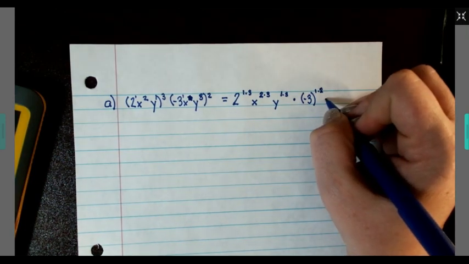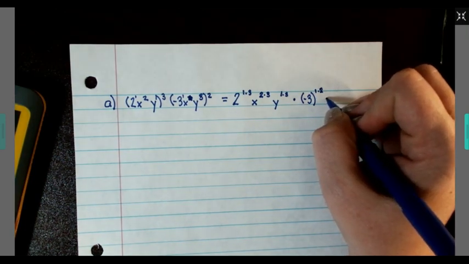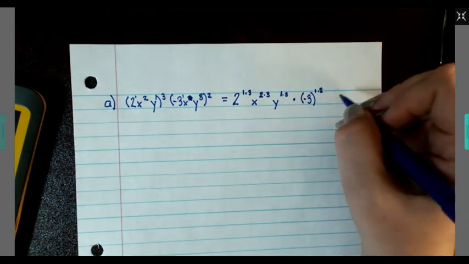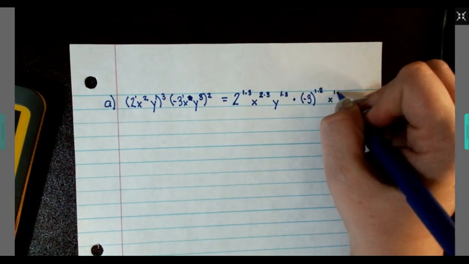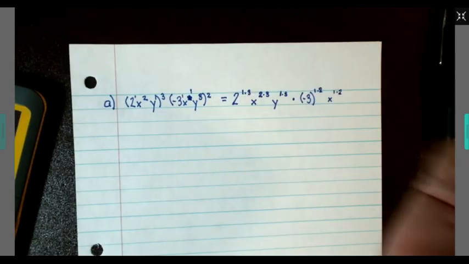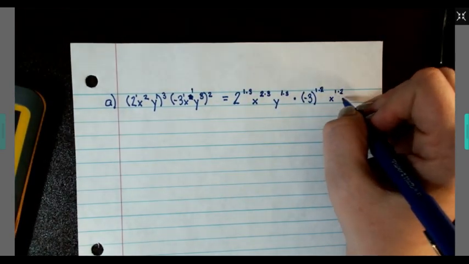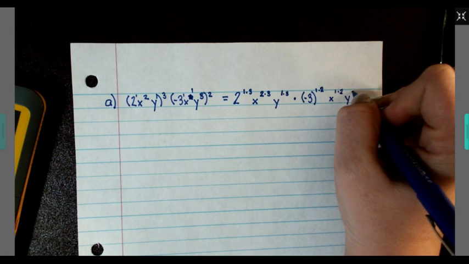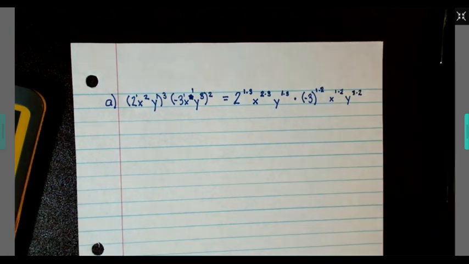Here we're going to have x to the 1 times 2 because I had an exponent of 1. Remember, I made a mistake. I had to go back. And then we have y, 3 times 2.